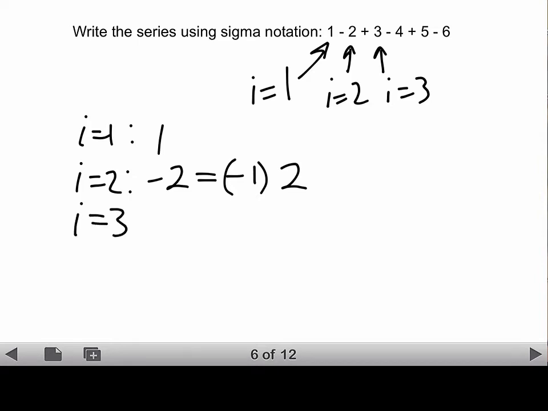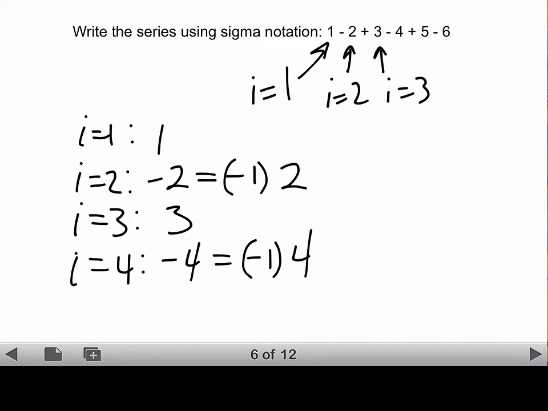When i equals 3, my term is 3, but when i equals 4, my term is negative 4, so I have this negative 1 popping up again, times 4. What I need is, on the terms that are positive, that negative 1 needs to have an even exponent. When the term is negative, I need that negative 1 to have an odd exponent, and so on.